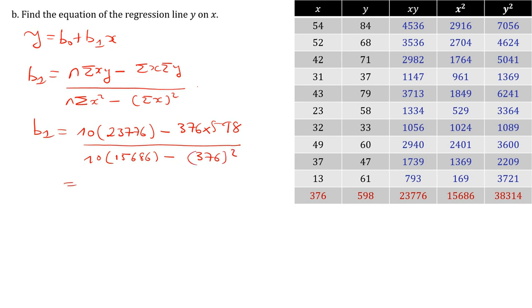So numerical application implies b1 equals 10 times 23,776 minus.